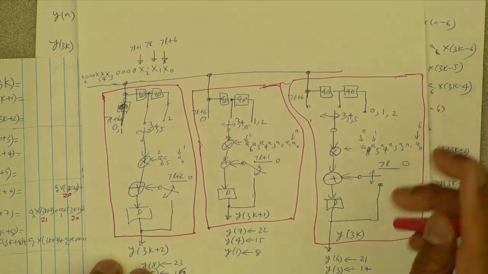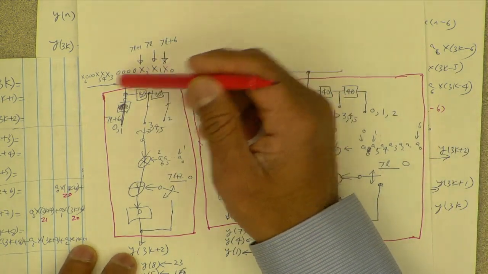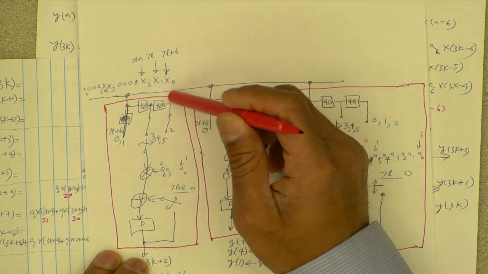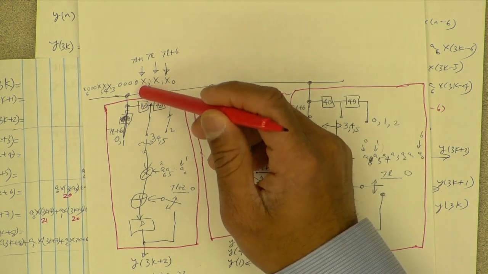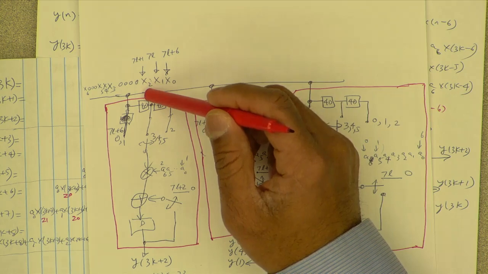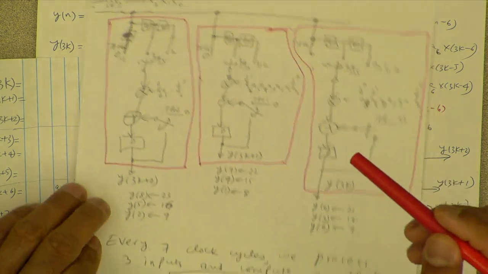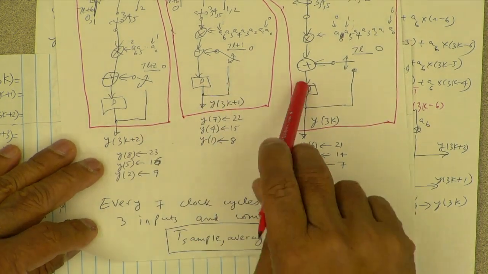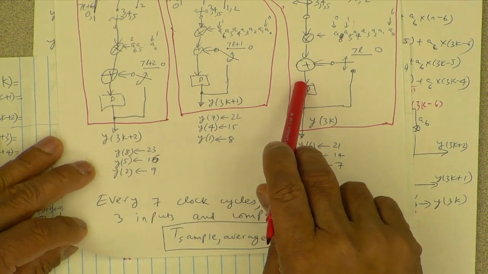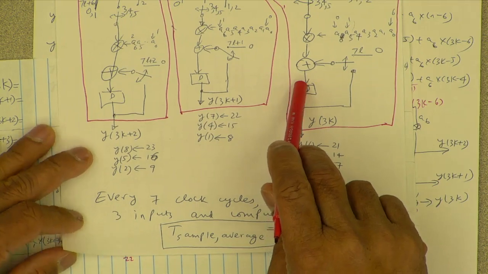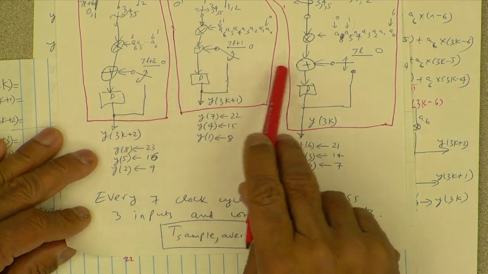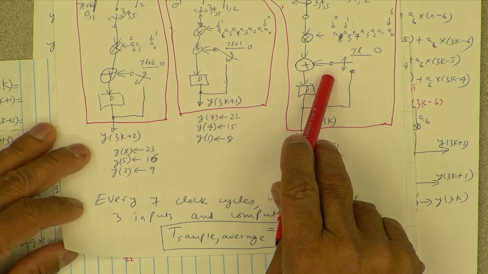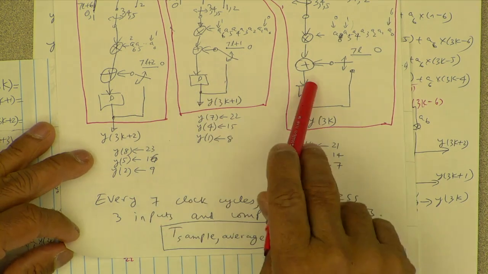The periodicity also means that if you look at the input pattern here, I take x0, x1, x2, sample number 0, 1, 2. Think about this: every 7 clock cycles, these 3 processing elements are busy computing something all the time. These are utilized 100% of the time. Hardware utilization is 100% for all 3 PEs.